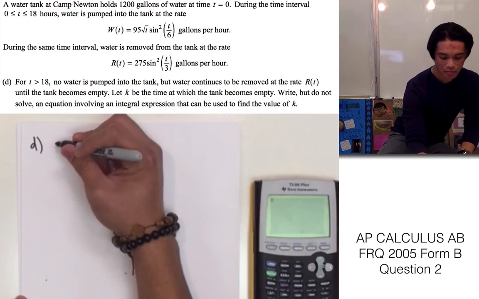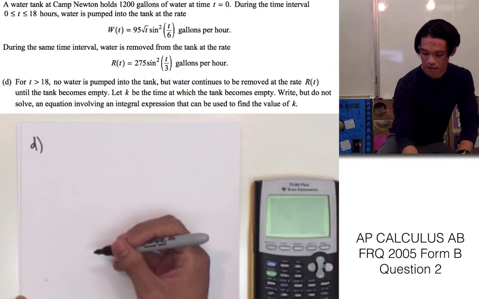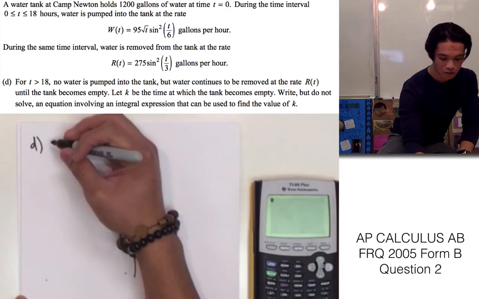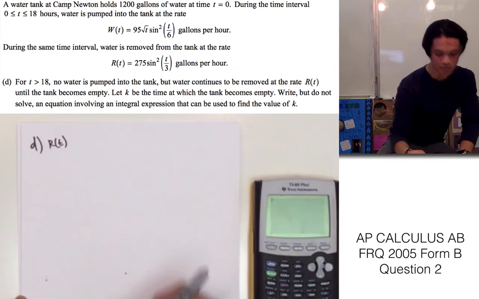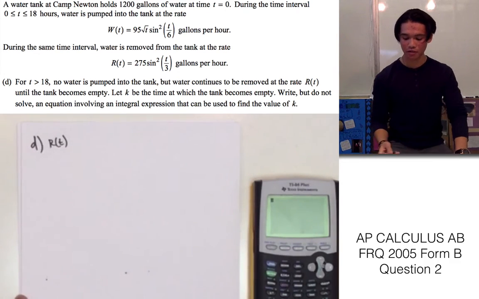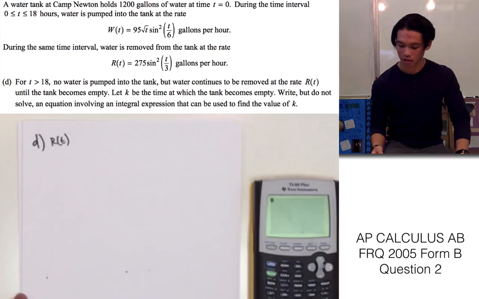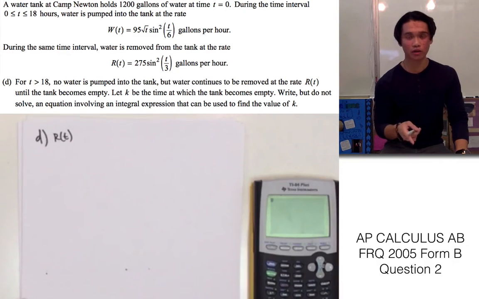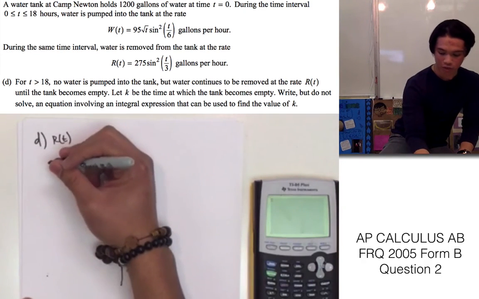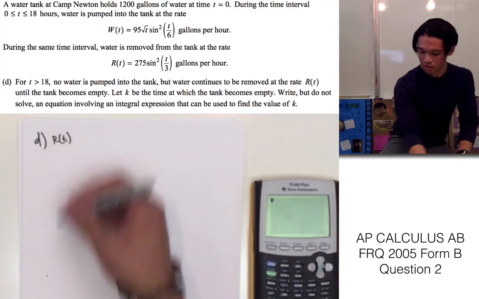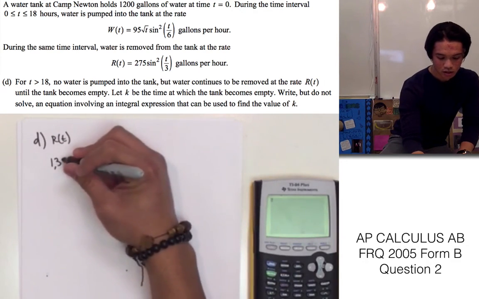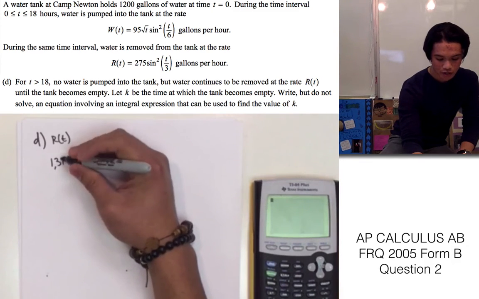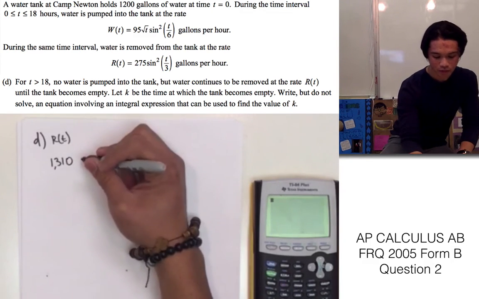we know that after t of 18, water is still being removed at r of t. So remember r of t. And we also have to know the value of, at 18, the total amount of water that's in the tank, which we answered in part B, and that value is 1,310.